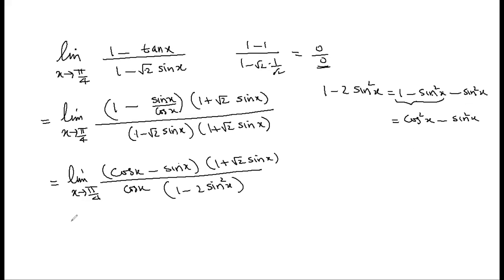I could have written this as cos 2 theta, but I didn't want to write cos 2 theta because my aim was to get a common factor. If I write cos 2 theta, then I will not get common factor. So this is like a minus b, I'm looking for a square minus b square.